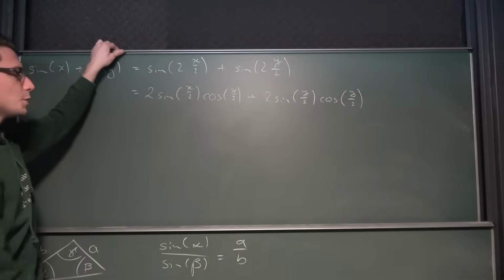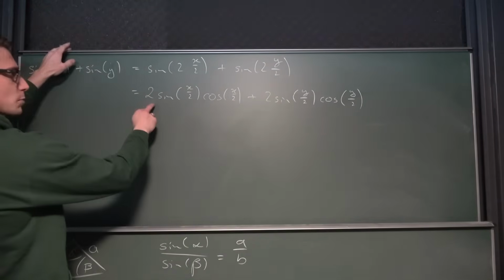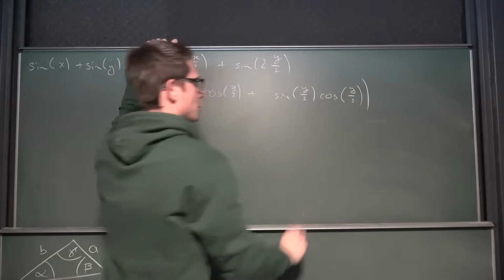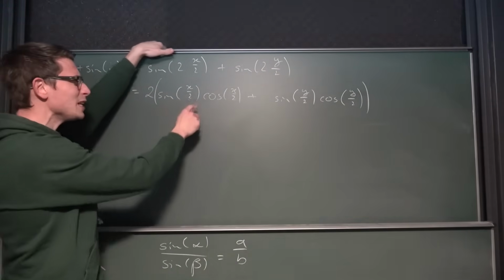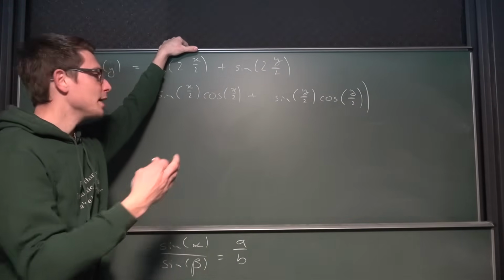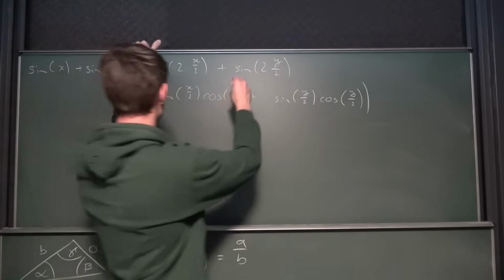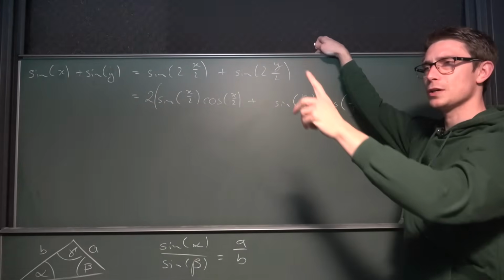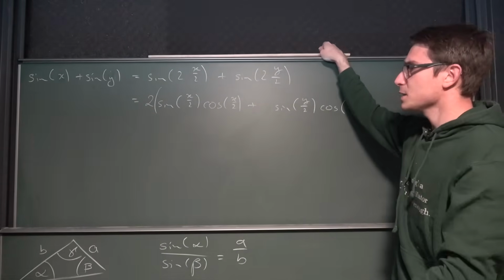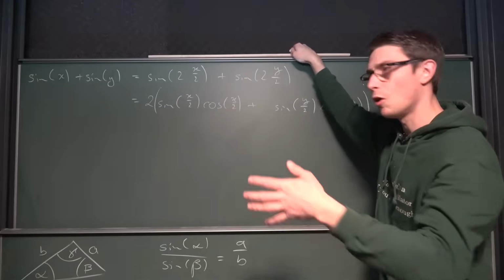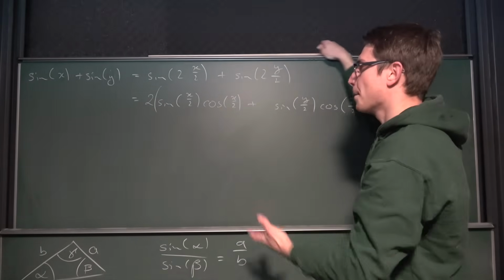So far so good. You might already notice we have a 2 as a common factor, so we can factor this out and get this expression now. And this right here looks eerily similar to the addition formula for the sine, so sine of x plus y, basically.